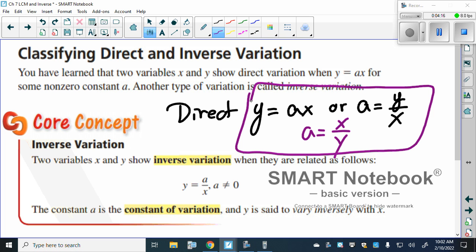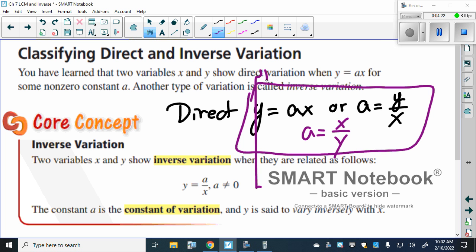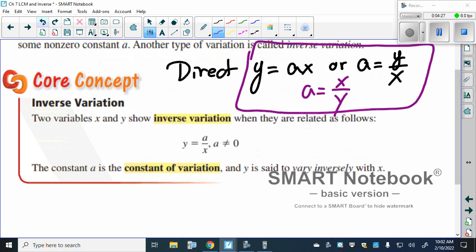Now the inverse variation, y is equal to a over x, or if we got a by itself, it's equal to y times x.